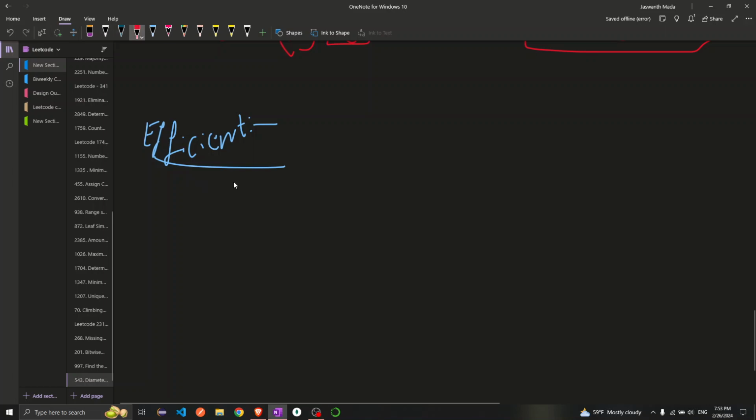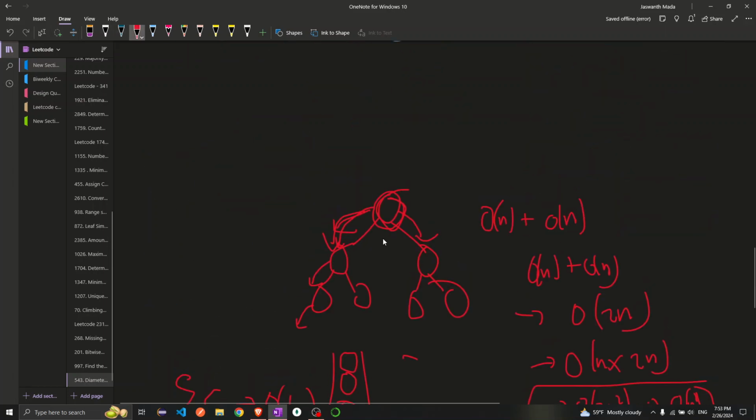Basically, if you observe carefully, for every node you're finding the same height again and again. For this node, I'm finding this height and again this height, right? And again for this node, I'm finding this height and this height and this height and this height.